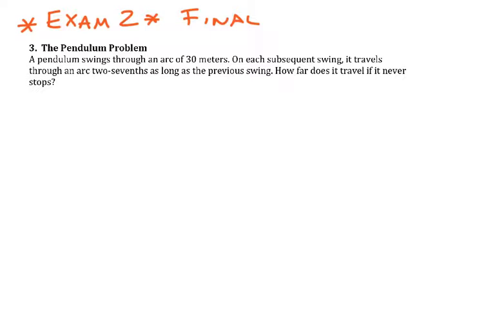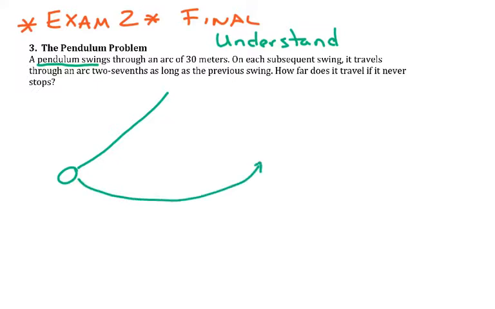Okay, first we have to understand the problem. Let's read it. A pendulum. You know, those pendulums, you pull it back and then it starts going. And then it'll go back, right? So it swings through an arc of 30 meters.